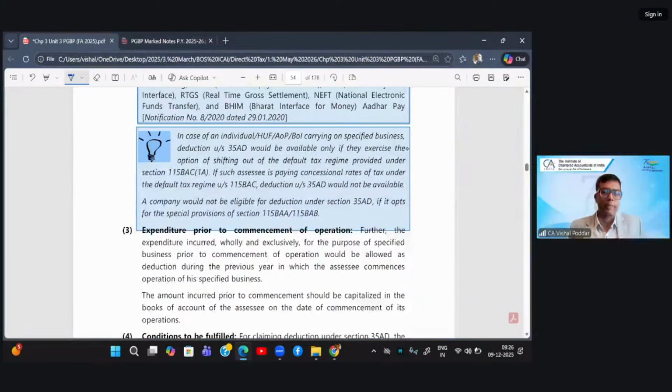Now, most important, this entire section is applicable, that is, deduction under 35AD will be available only if you are opting out of the new scheme. So in order to get this deduction, you should be in the old regime. You should have opted out of the new regime.